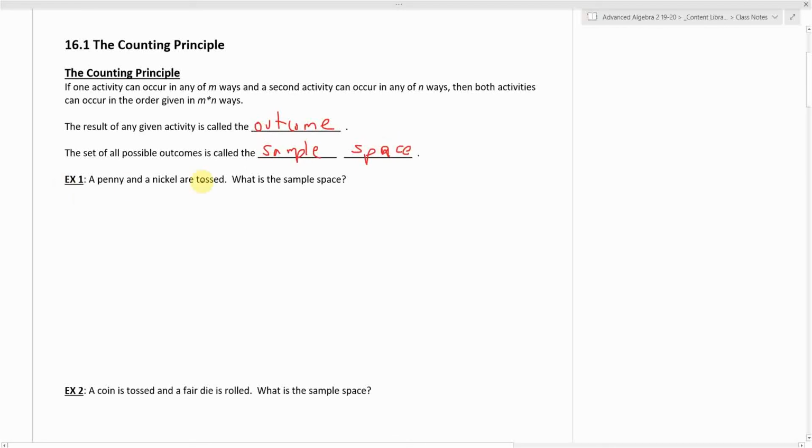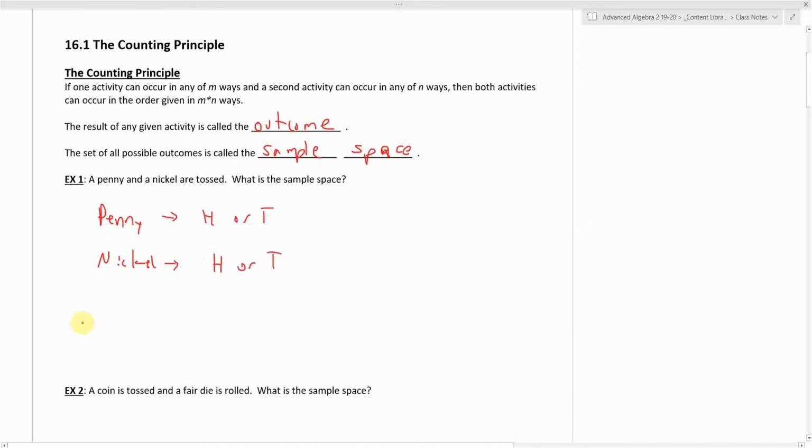It says a penny and a nickel are tossed. We know that a penny, if you flip it, could land heads or tails. A nickel, if you flip it, could land heads or tails. So an outcome would be the particular result of one flip of each coin. So the penny could be heads or tails, and the nickel could be heads or tails.